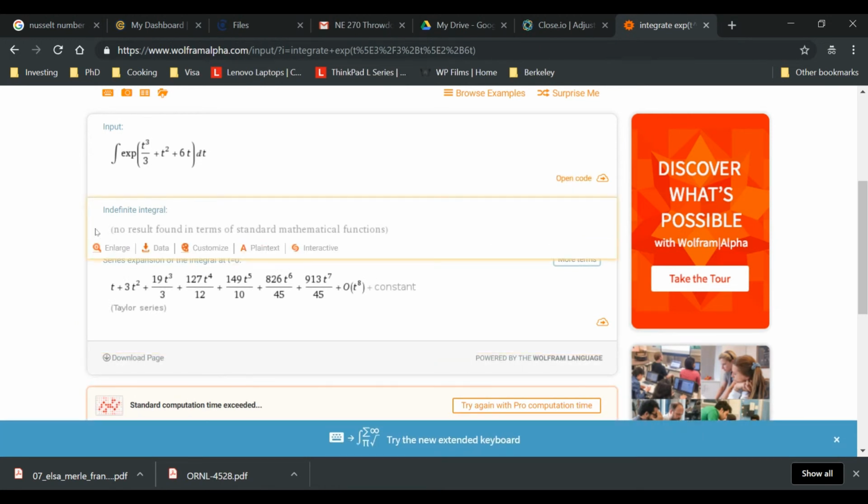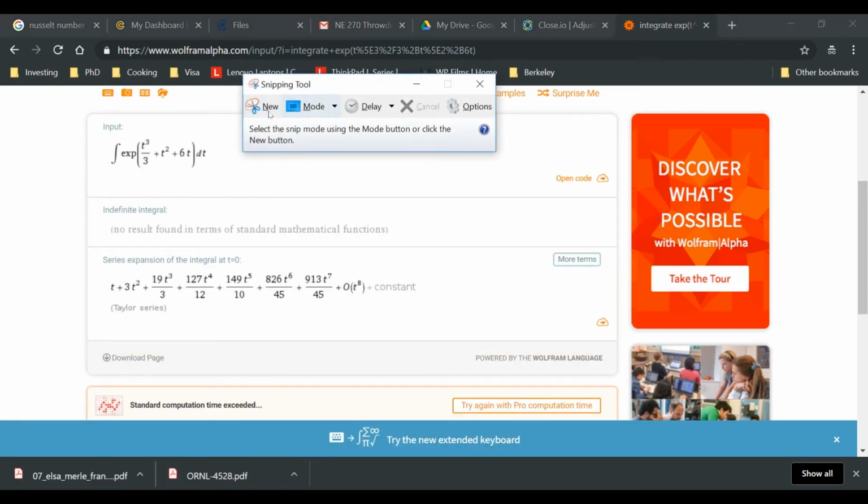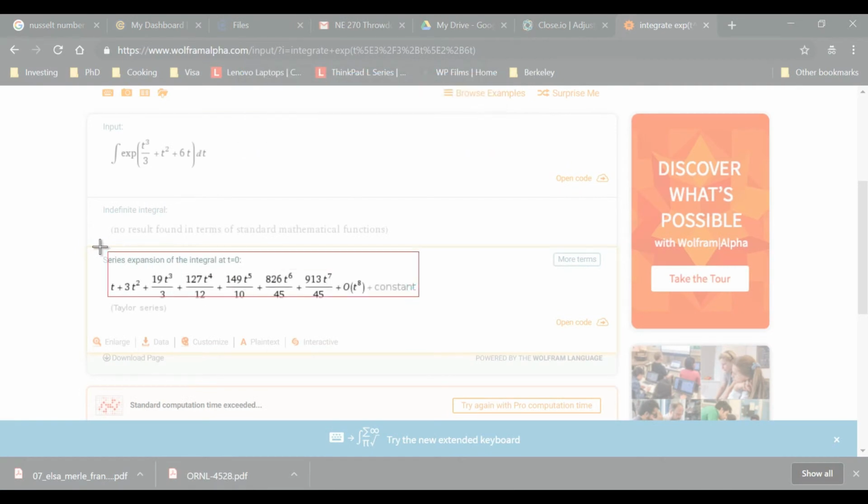What we find is that there's no result found in terms of standard mathematical functions, but we do have a Taylor series. So at least in theory we will have something to write down on that piece of paper. So let's just copy this Taylor series down.